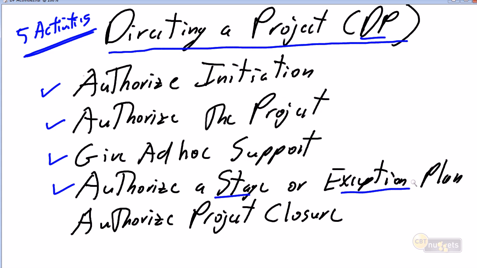So if we have to manage by exception, if we do escalation, that we have a performance target that is out of tolerance, and we have to raise it to senior management, they're there to approve the action to deal with the management by exception. And they're certainly there to authorize project closure and say, yes, Steve has done an awesome job on this project, or Steve's at least done an okay job on this project, and all of the expectations for the project have been delivered. The code is satisfactory. Yes, this project is done.